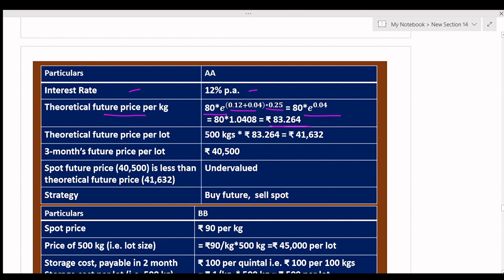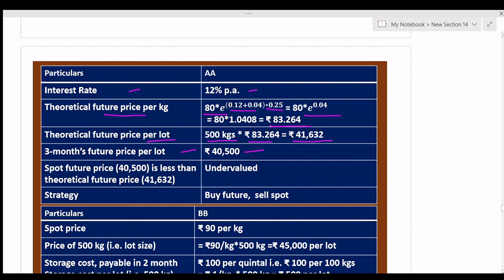Now you find out the theoretical future price per lot. 500 kg is the lot size, into rupees 83.264, that comes to rupees 41,632.